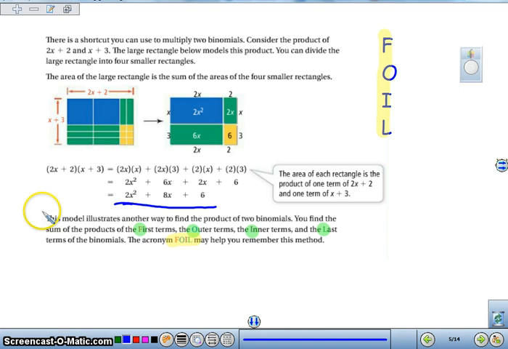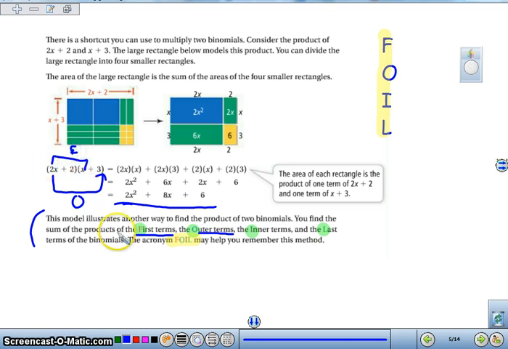It says this model illustrates another way to find the product of two binomials. You find the sum of the products of the first terms. So the F stands for first terms. The O in the word FOIL stands for multiplying the two outer terms. If you think of your outer terms, the two numbers on the outside of the parentheses, that's going to be the 2x and the 3. That's our O. When it said first, that was the x and the 2x.